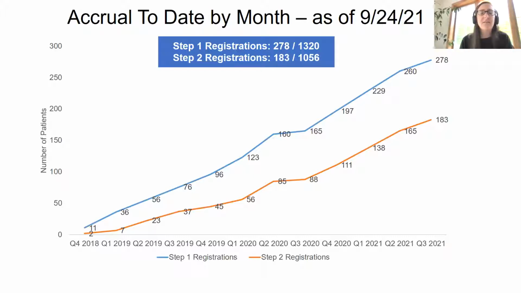I think another thing that's really helped was that we got champions, relatively recently, at some of the other groups. We identified champions in ECOG, Akron, and in Alliance. So we're hoping that also helps with accrual.